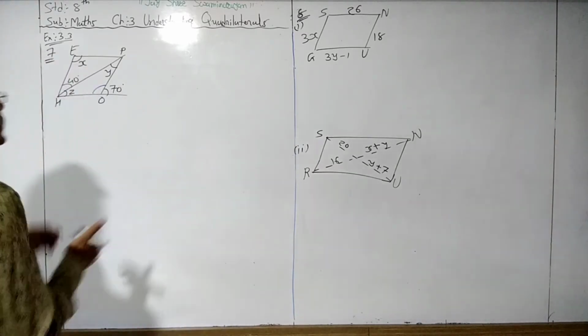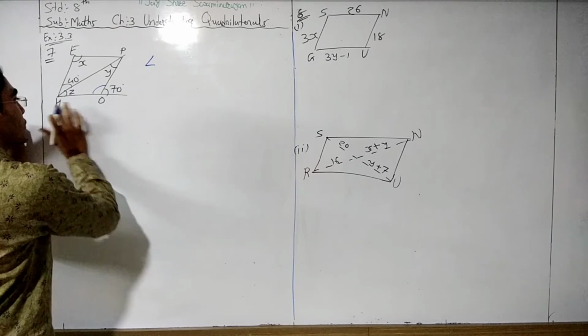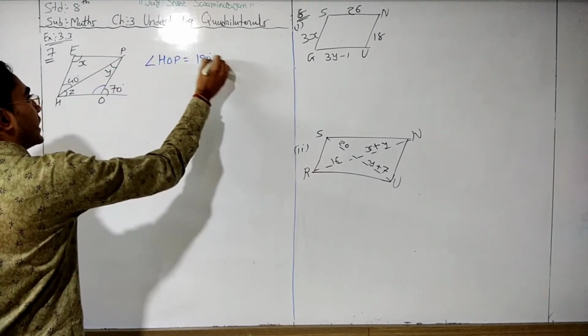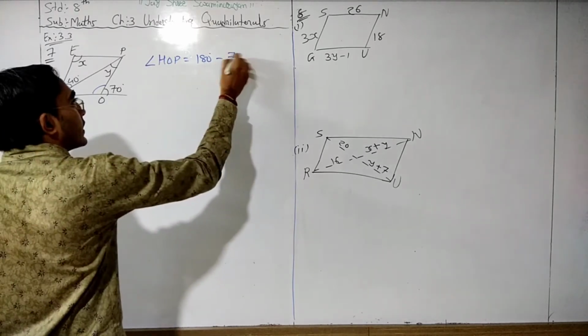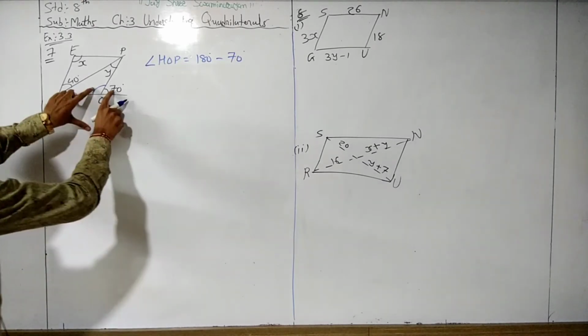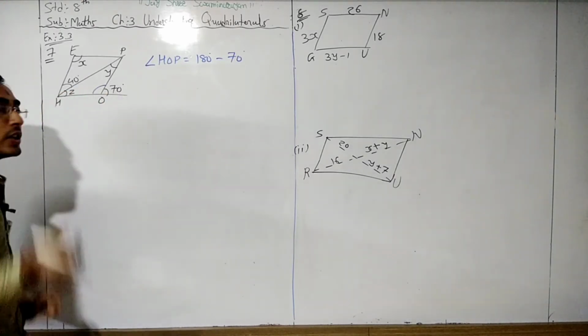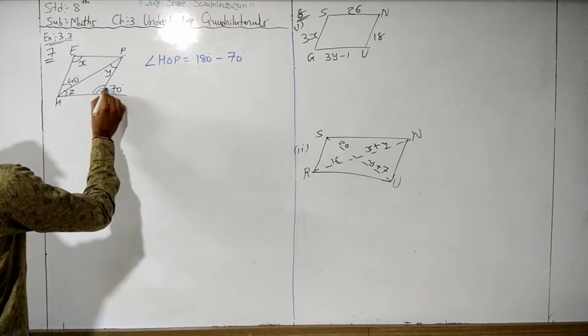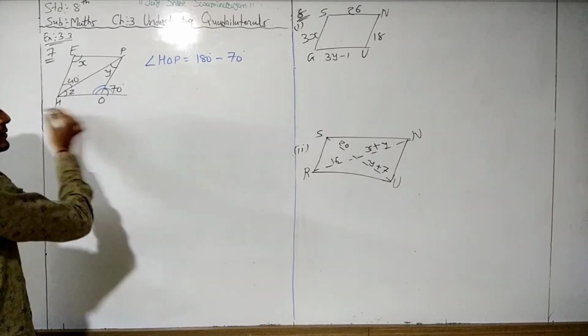So first of all, angle HOP is equal to 180 degrees minus this 70 degrees. Okay, 180 minus 70. Why? Because these two are a linear pair of angles. Why is it a linear pair of angles? Because if we add these two angles, it forms one line.